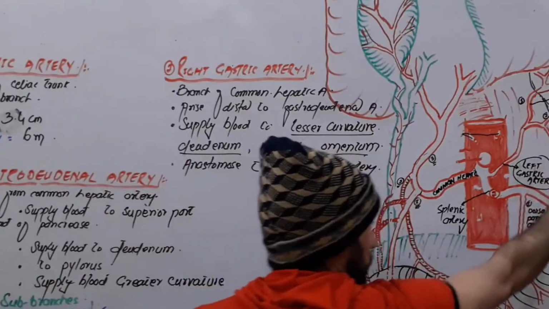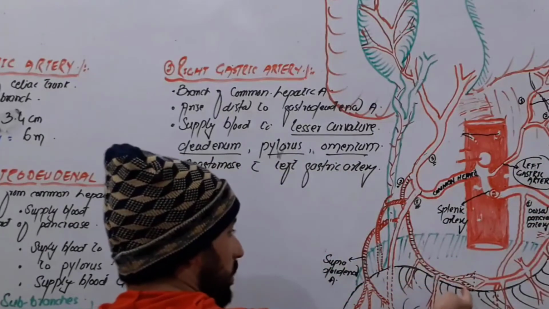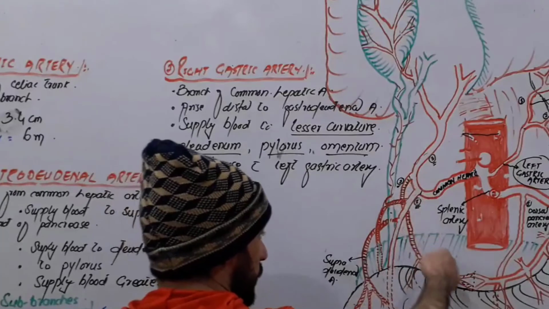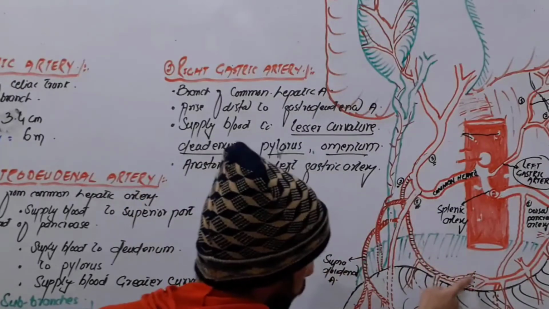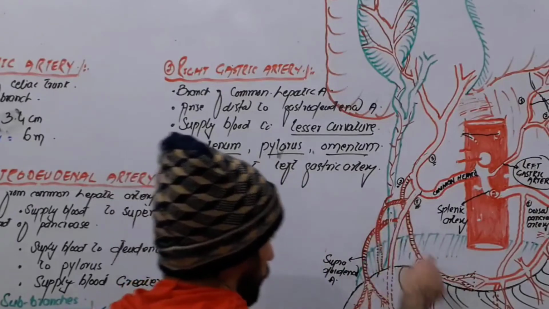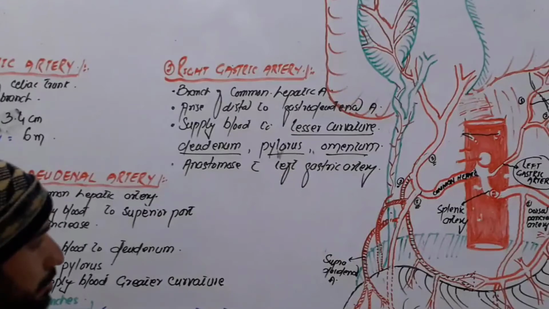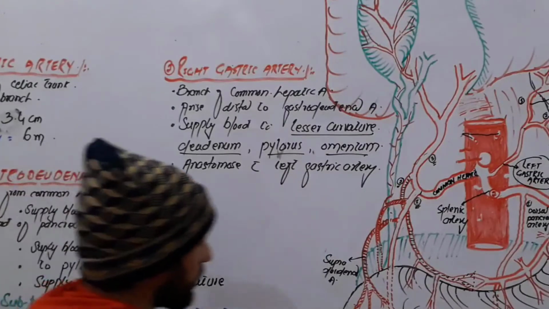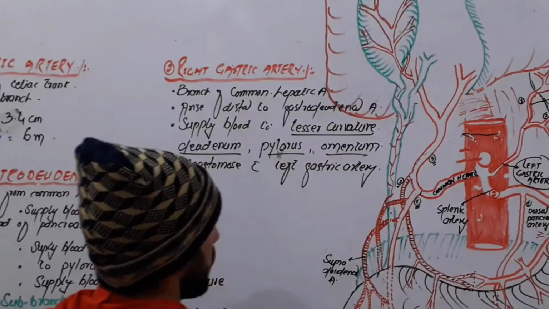So this is our left gastric artery supplying blood to the lesser curvature, and to the distal part of the lesser curvature, this left gastric or right gastric artery is responsible to supply blood. So both of them anastomose at this point. So this was the second branch of this common hepatic artery. Clear, friends? Now let's move forward and see another thing.